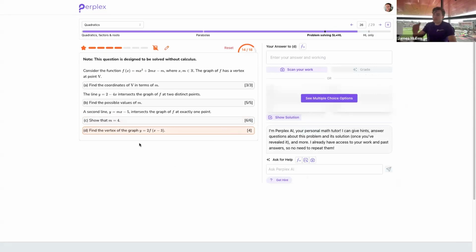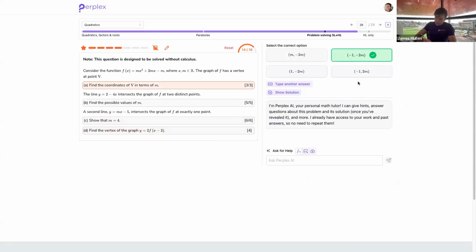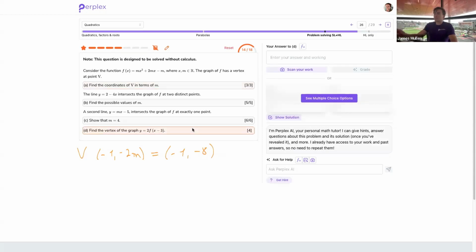But the idea here basically is that now that we know m, and we found that the coordinates of the vertex were (-1, negative 2m), we know that the vertex is actually going to be (-1, -8). Okay? And then when I graph this new function, which is y equal to twice the function, but I put x minus 3 in the argument, x minus 3 is a horizontal translation of 3 units to the right.